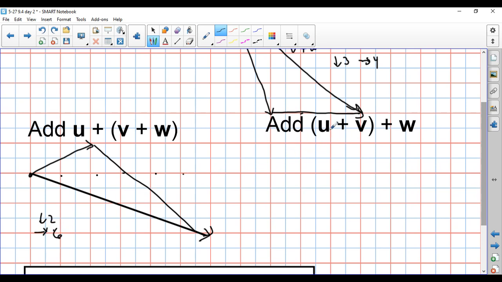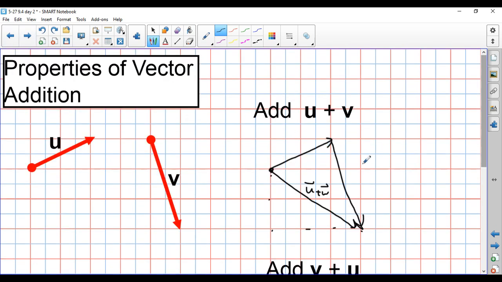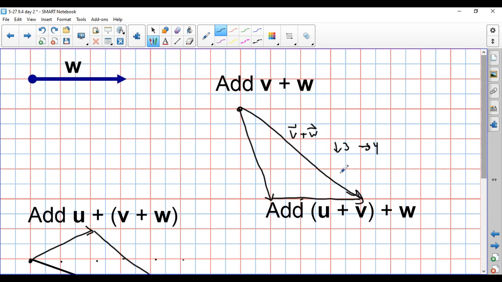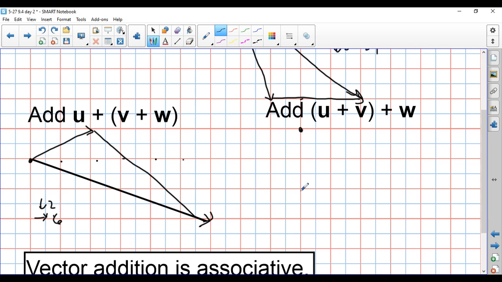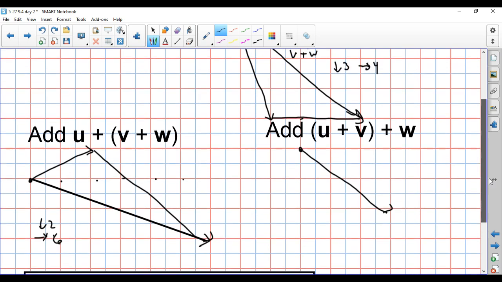Here I'm going to add in the other order. I'm going to add the u plus v first, which we have up here. U plus v is the vector that goes down 2 and right 3. I'm going to start with that. I'm going to go down 2 and right 3. And then to that, I'm going to add w.